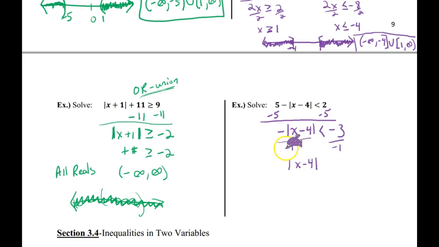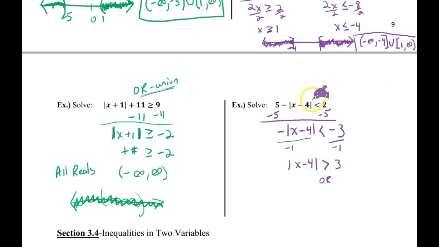Now I have divided by a negative, so I need to flip the direction of my inequality. A negative divided by a negative makes a positive 3. And I end up with the absolute value of x minus 4 greater than 3. So this is in the form of a greater than problem. So greater than, I know this is going to be an or statement.